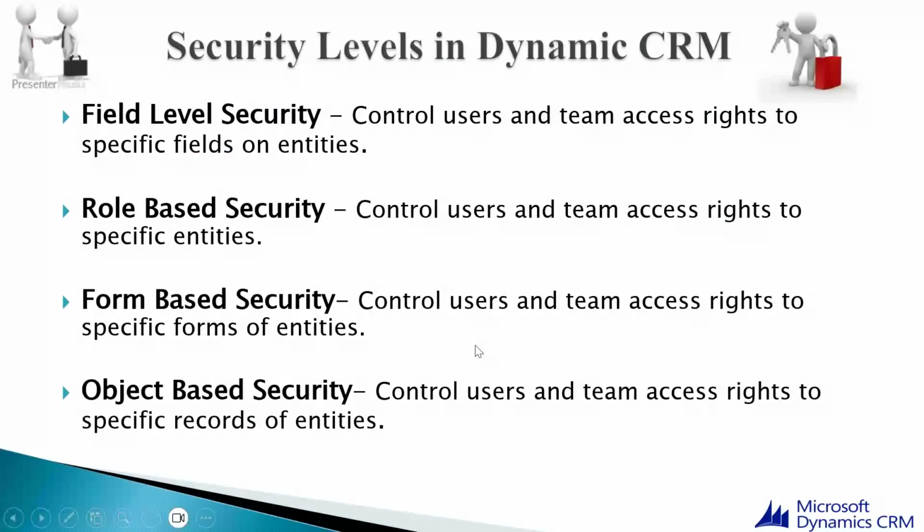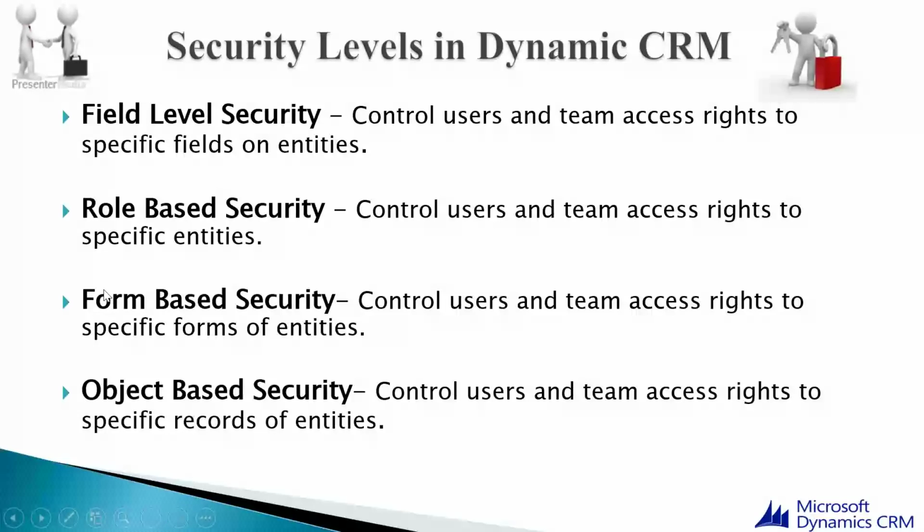Okay. So security levels in CRM: field level security, role based security, form based security, and object based security. We discussed object based security. Object based and role based securities are related to security roles. We discussed how to create a security role and how to assign it to users.